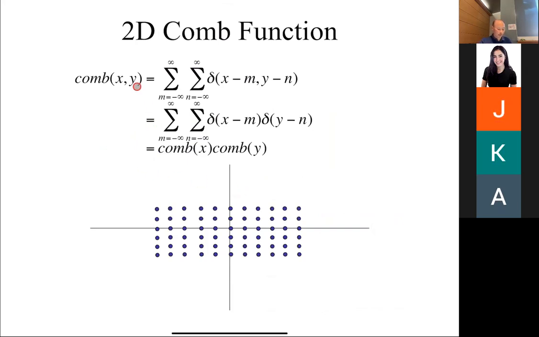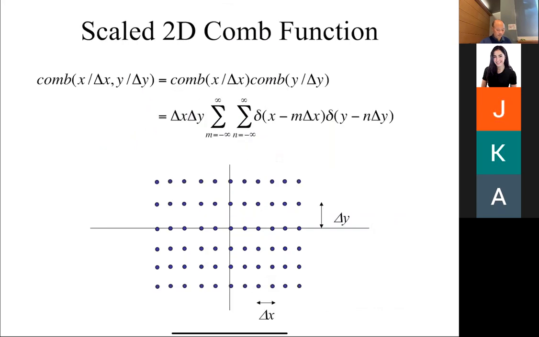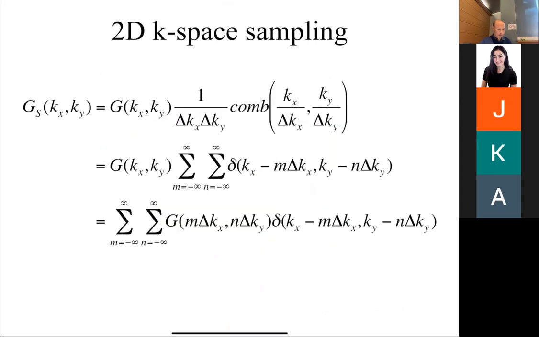So we just need a 2D comb function, which just looks something like this. Once again, a bed of nails. And it has a nice feature, just comb x times comb y. So we can also have things that have spacing of delta x and delta y. Now our 2-dimensional sampling is we take our ideal Fourier transform and we multiply it by this comb function, which has spacing of delta kx and delta ky.